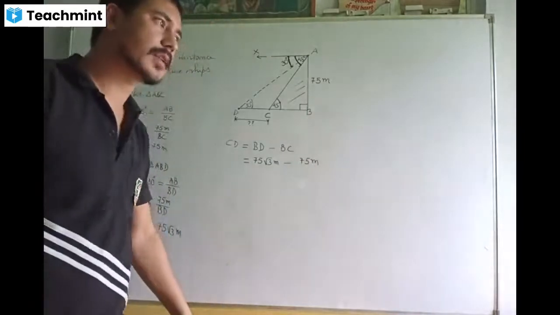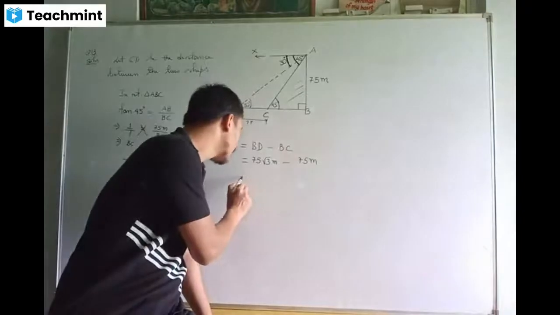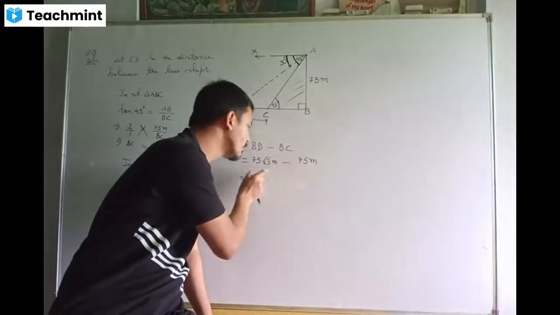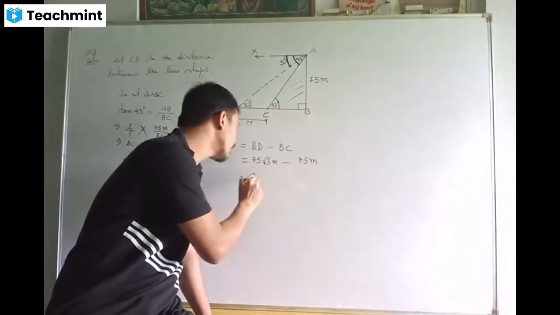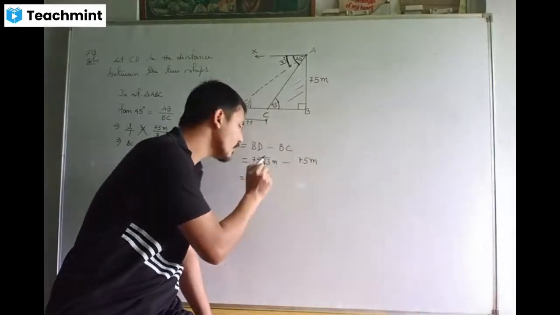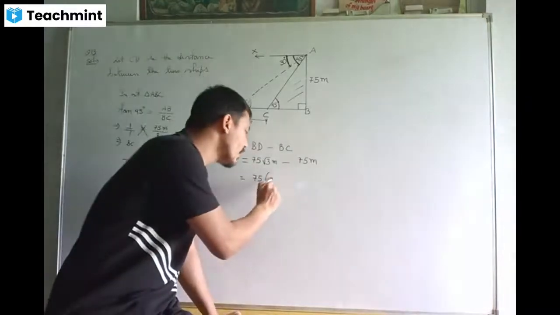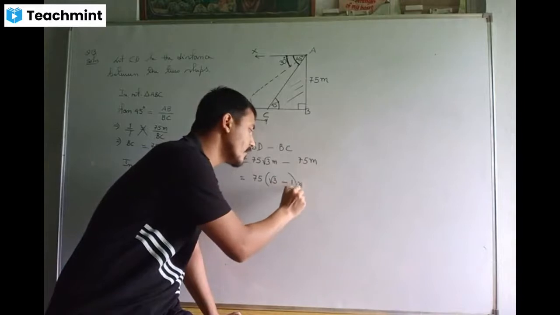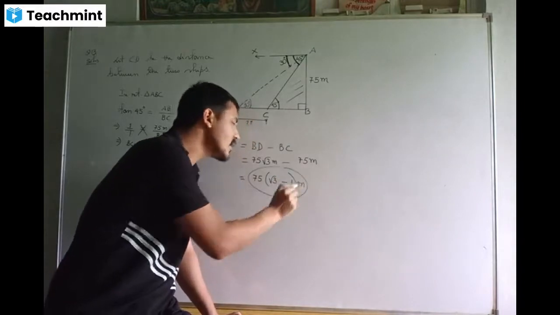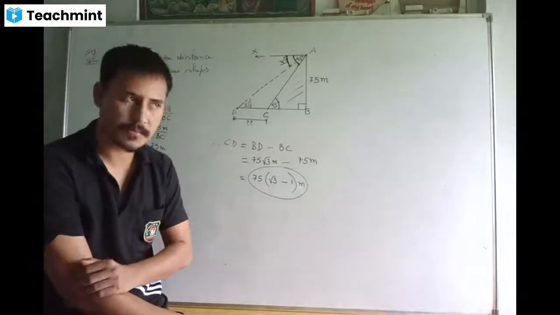We cannot subtract an irrational and a rational number. So what we do is we take some common terms from both. We have 75 in common. If you take 75 as common, from the first term we have only square root of 3. From the second term we have 1. So this value gives us the distance between the two ships.